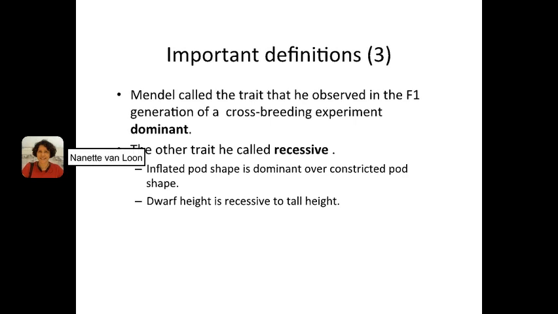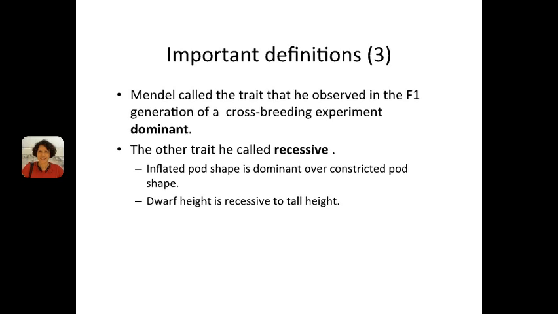Remember that cross in which Mendel would cross a white flowered plant with a purple flowered plant. And then when he looked at the F1, the first filial generation, regardless of which color had been the male parent and which color had been the female parent, he always got the result that all the members of the first filial generation had purple flowers.